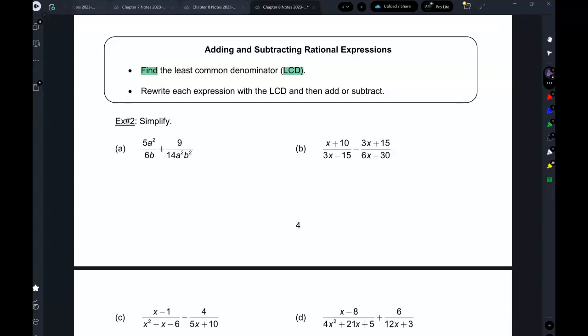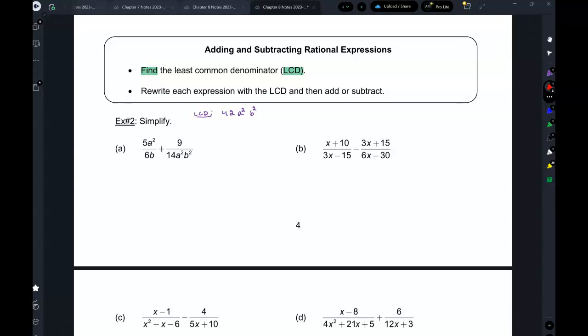So here, let's see what the LCD is going to be. Between the 6 and the 14, I'm actually going to have to take a 42. Then I have an A squared and a B squared. Right. So what am I going to multiply the first denominator by?